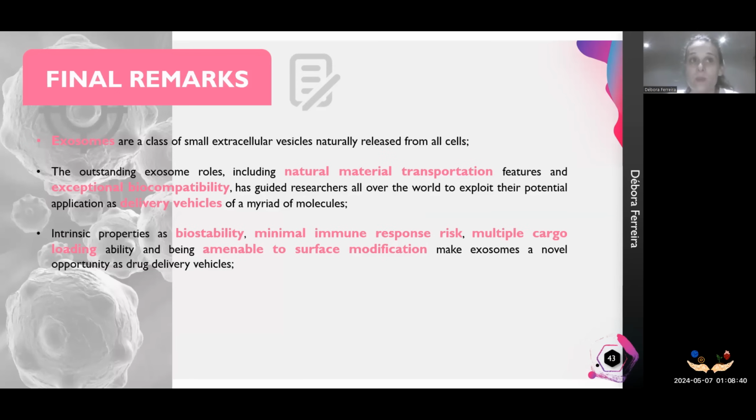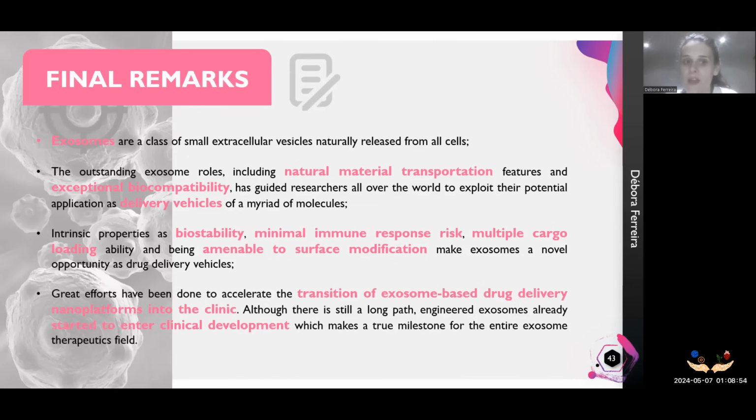Their intrinsic properties, such as biostability, minimal immune response risk, multiple cargo loading ability, as well as being amenable to surface modification, make exosomes a novel opportunity as drug delivery vehicles.